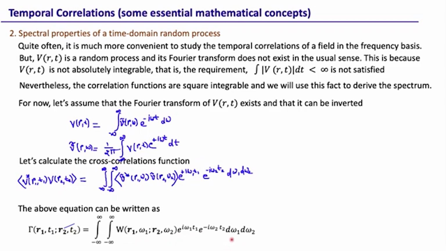This quantity is called the cross spectral density function. Just like the cross correlation function represents the correlation of the field at times t1 and t2, the cross spectral density function represents the correlation in the field at frequencies omega 1 and omega 2. That's that.